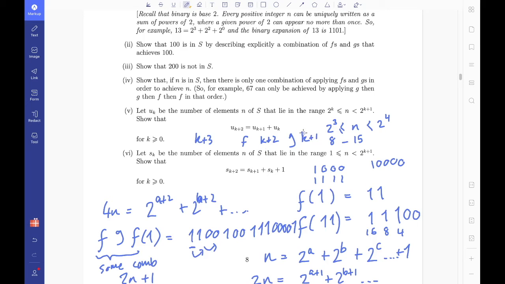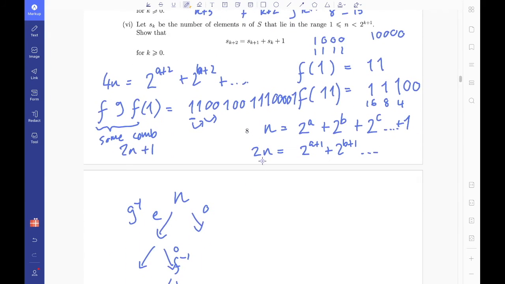The elements with k plus 1 binary digits are UK. The elements with k plus 2 binary digits are UK plus 1. The elements with k plus 3 binary digits are UK plus 2. As there's only a unique way of getting there, you have to have gotten there by applying f or g to the elements in the ranges below. Does that make sense?